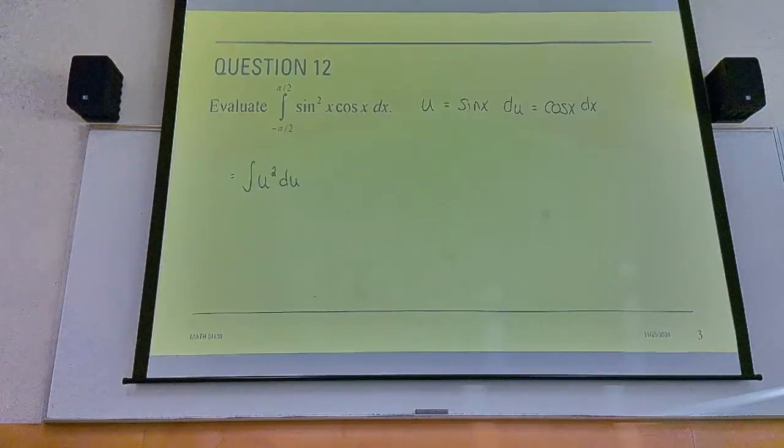When x is minus pi over 2, what's u? It's -1. When x is pi over 2, what is u? That's 1.